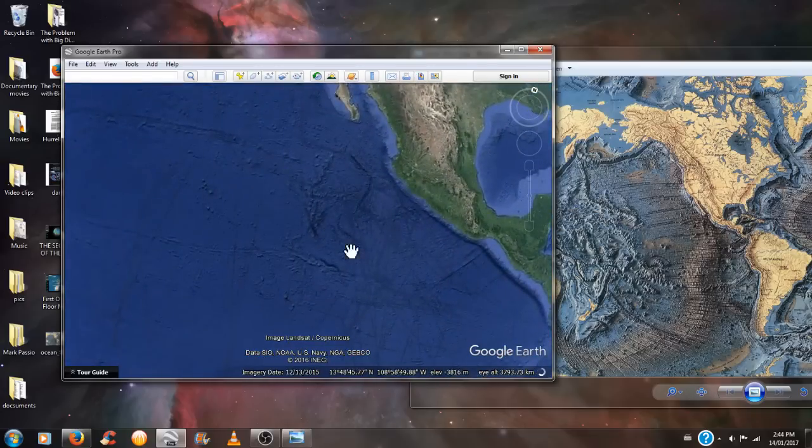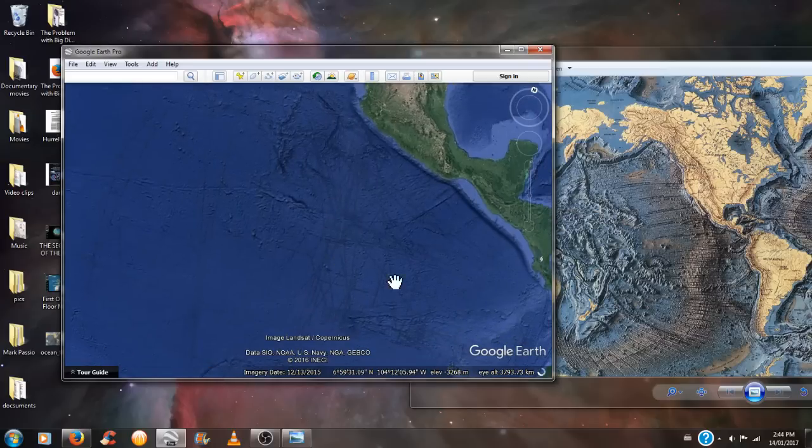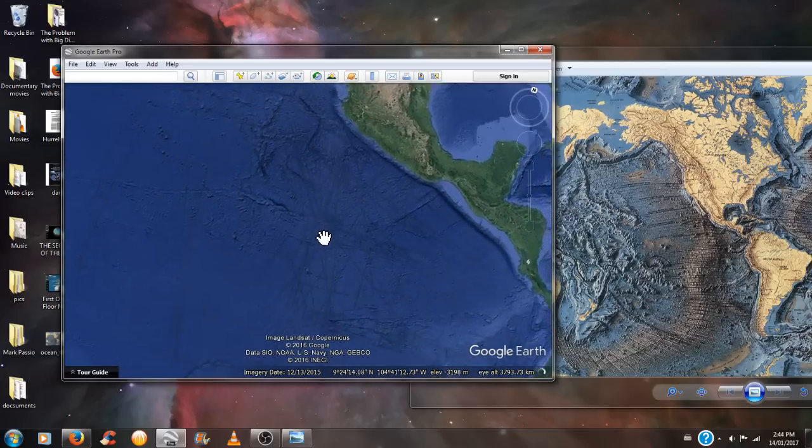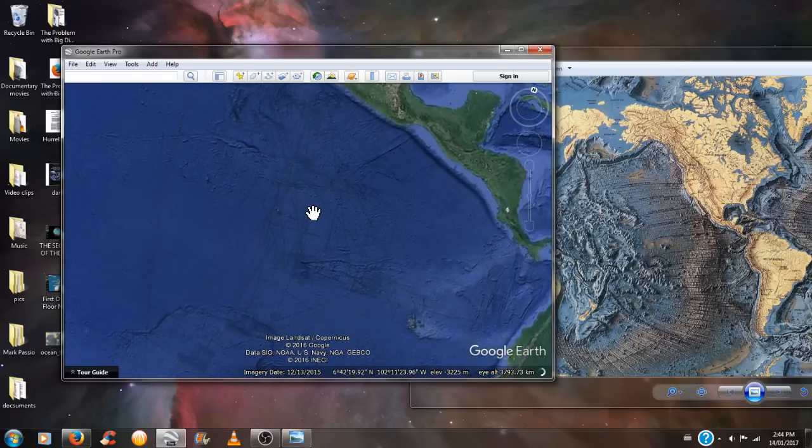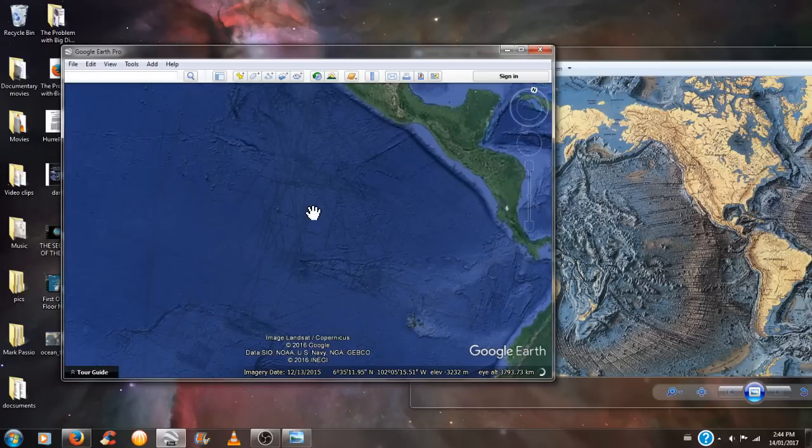Okay. So what do I find? Instead of the ridge lines and expansion lines, I find these weird, straight, symmetrical lines like a city grid or an airport or something of that nature. They look like Nazca lines, but on the ocean.